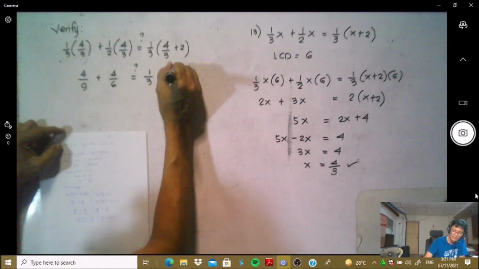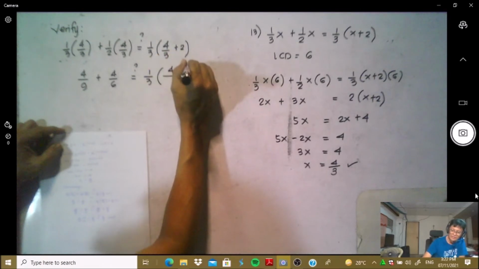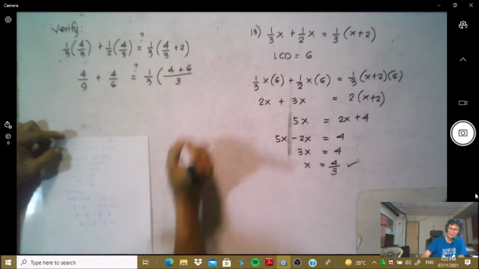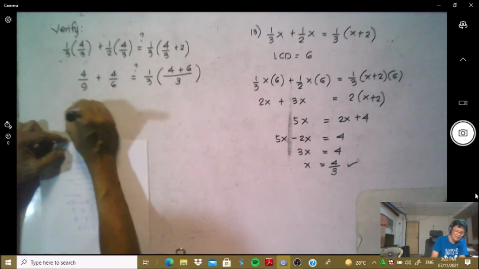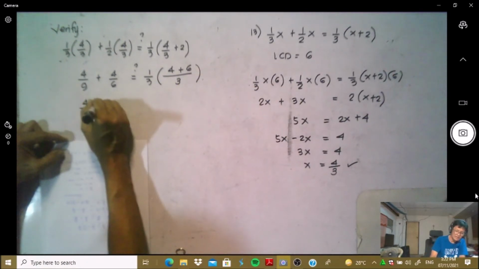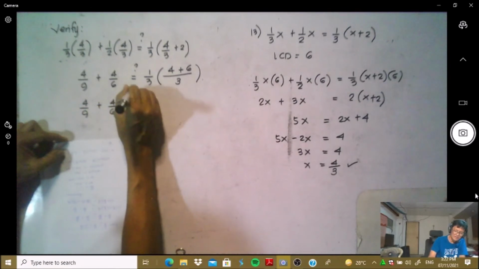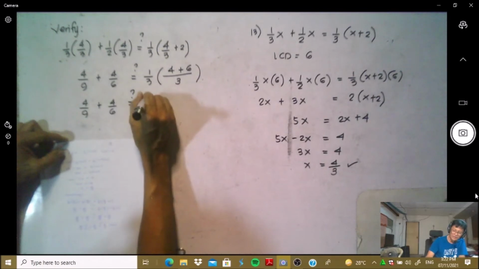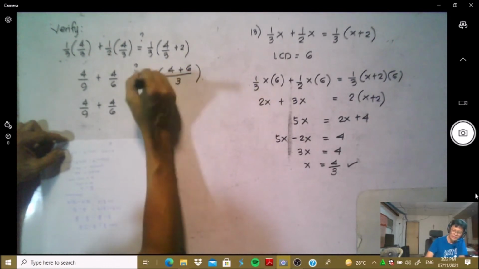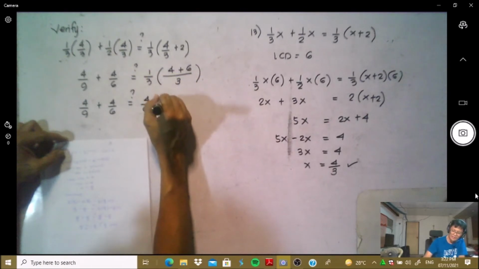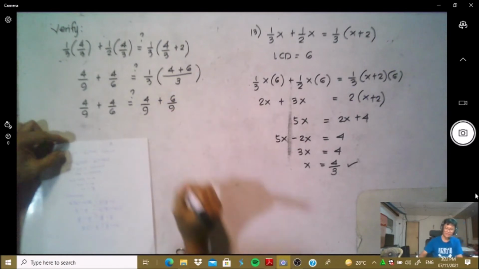So this becomes 4 plus 3 times 2 is equal to 6. Okay. Then let's combine. We have 4/9 plus 4/6 equals, this becomes 4/9 also. So 4/3 times 3 is equal to 4/9 plus 6/9.